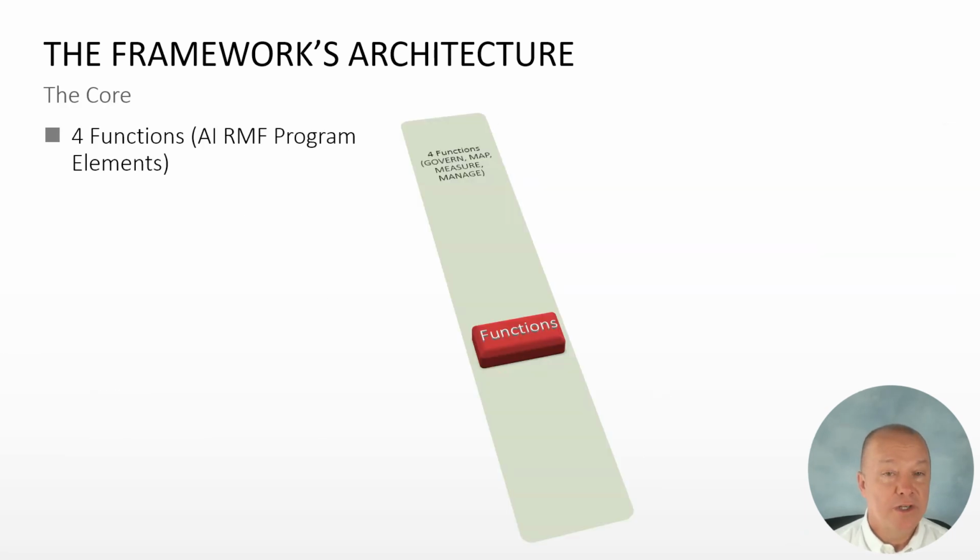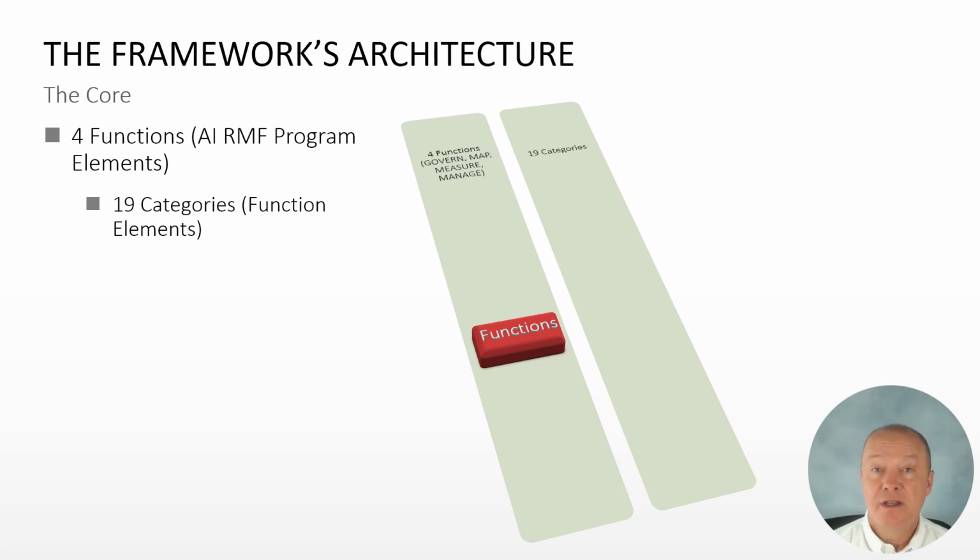So the framework's architecture, again, can be broken down macro to micro by looking at the 4 functions. Those are the core of the AI risk management framework. However, within these functions, each function has certain categories or subject matter areas of objectives that we need to accomplish.